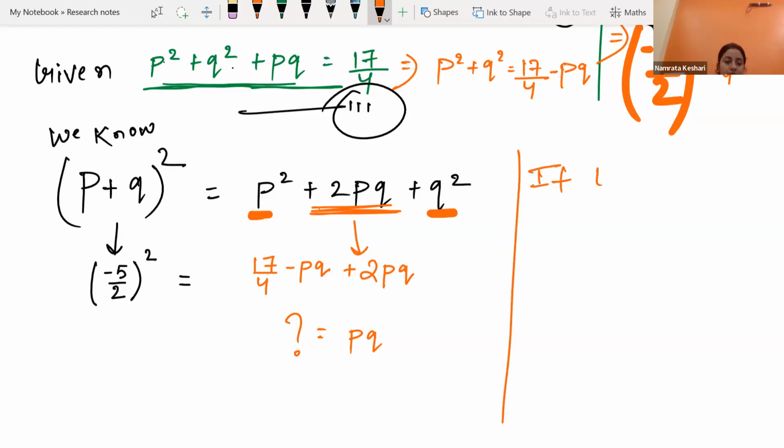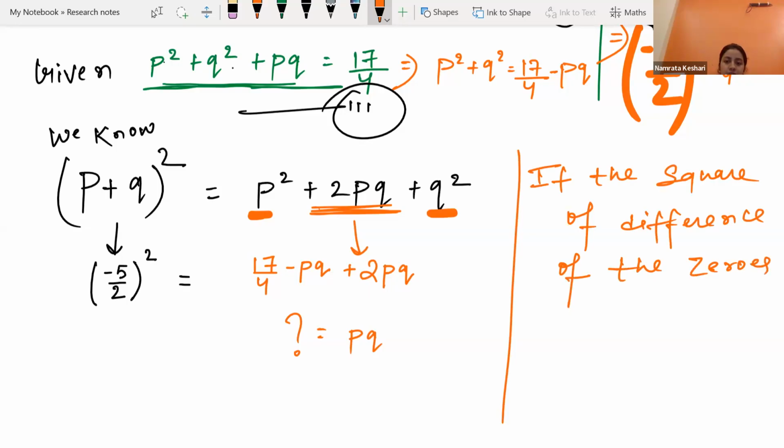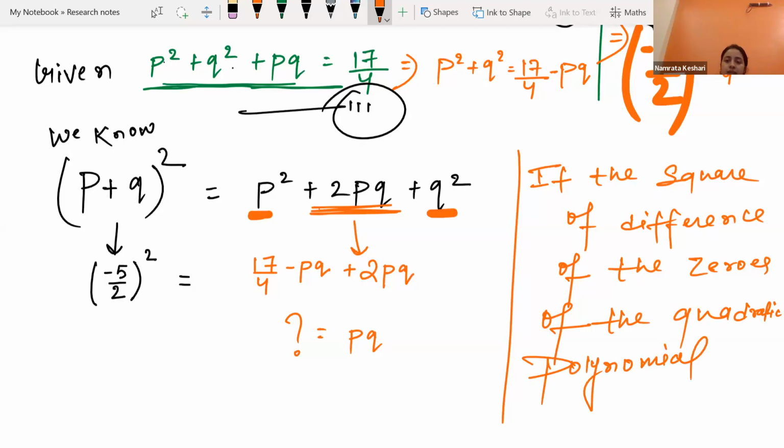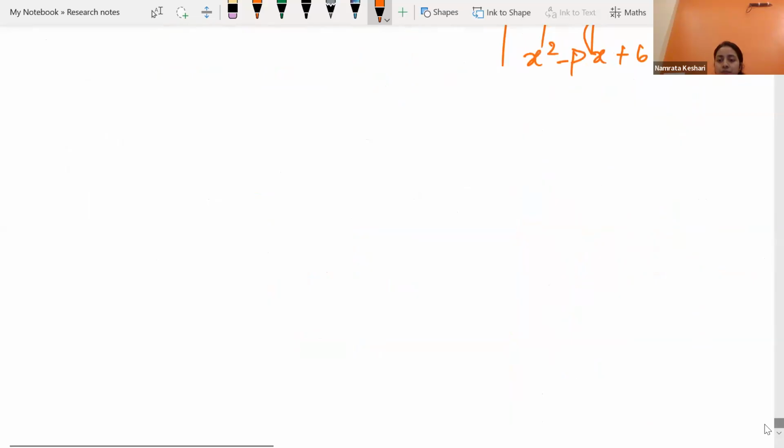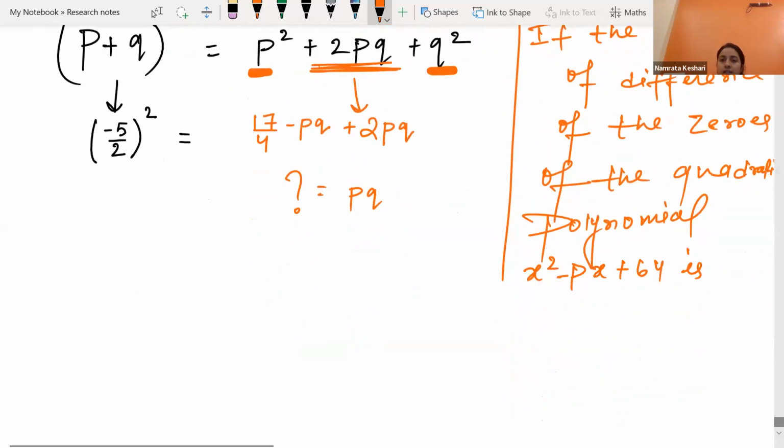If the square of difference of the zeros of the quadratic polynomial x square minus px plus 64 is equal to 144, then p is equals to.